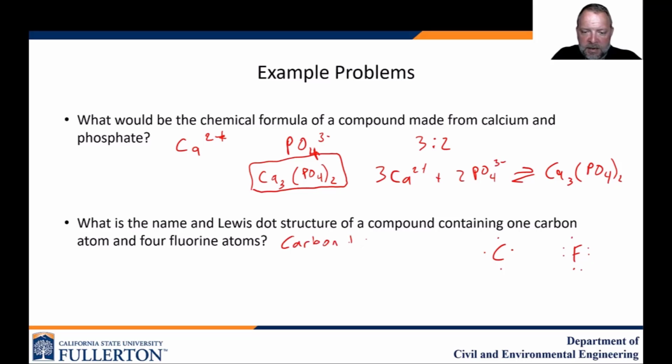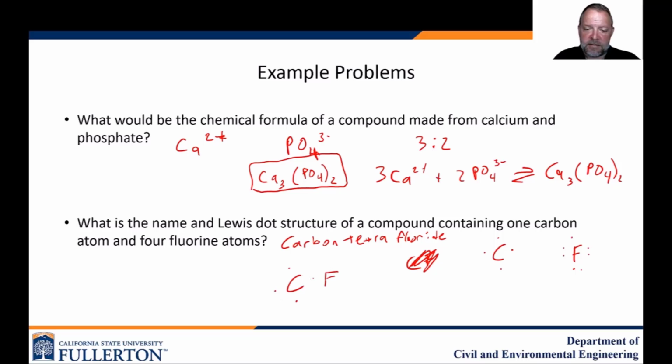Now, if you remember, we talked about prefixes. Because there's 4 fluorines, it would be tetra. So carbon tetrafluoride. Actually, don't worry about that. Carbon, as we said before, has 4 electrons.